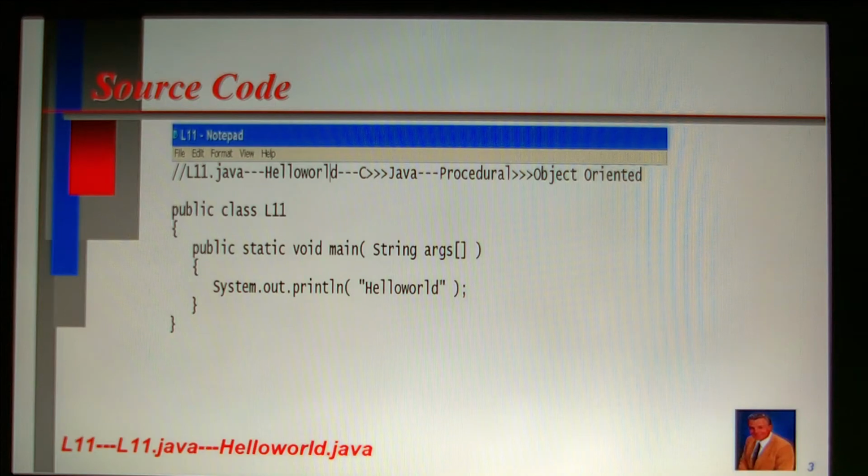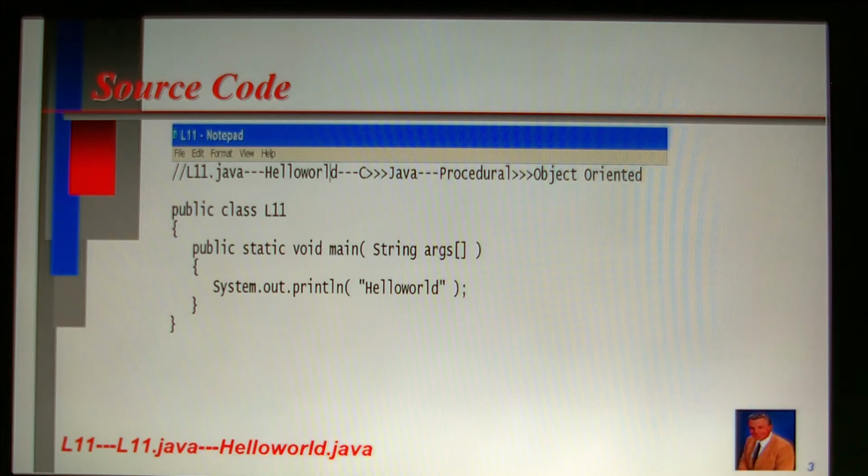Now that our paths are set, let's develop our first Java computer program, a computer program that will display Hello World exactly like the C computer program developed in Lecture 5, but developed as a Java computer program, where the Java computer programming language complies with the object-oriented paradigm.